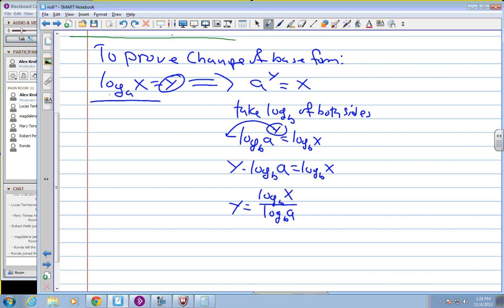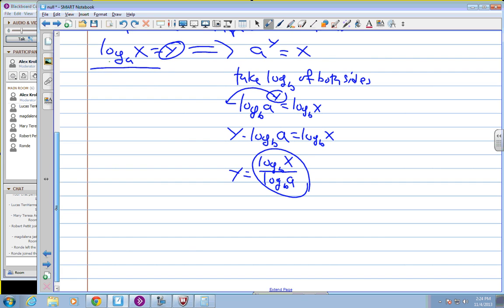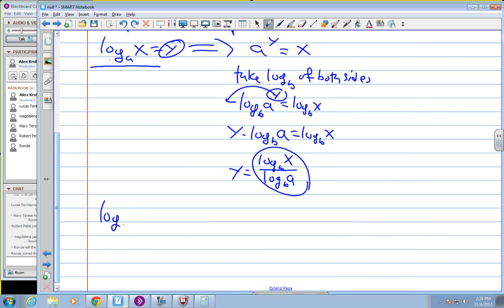So log base a of x equals that. So that's our change of base formula. Okay? And again, b is totally up to you, so you can make it log of x over log of a, ln of x over ln of a, it'll all equal the same thing.